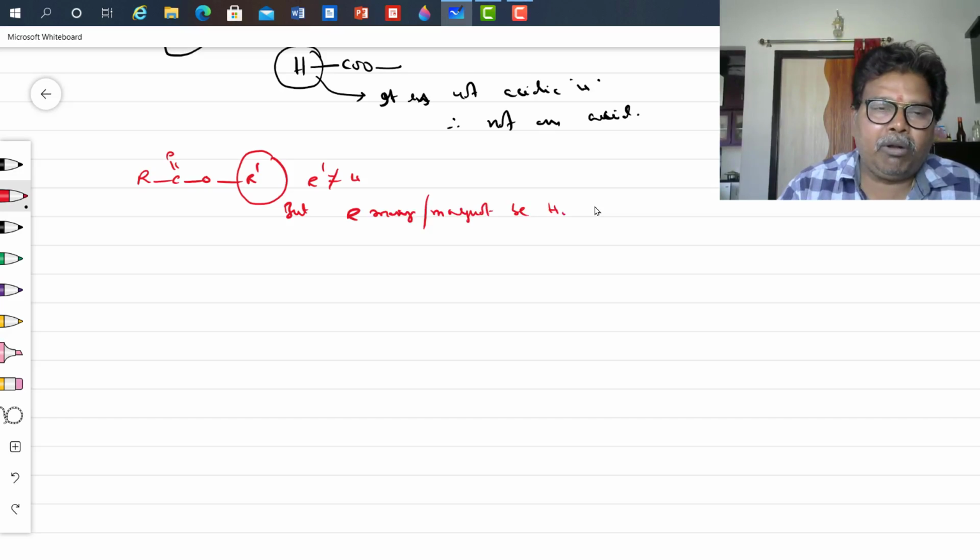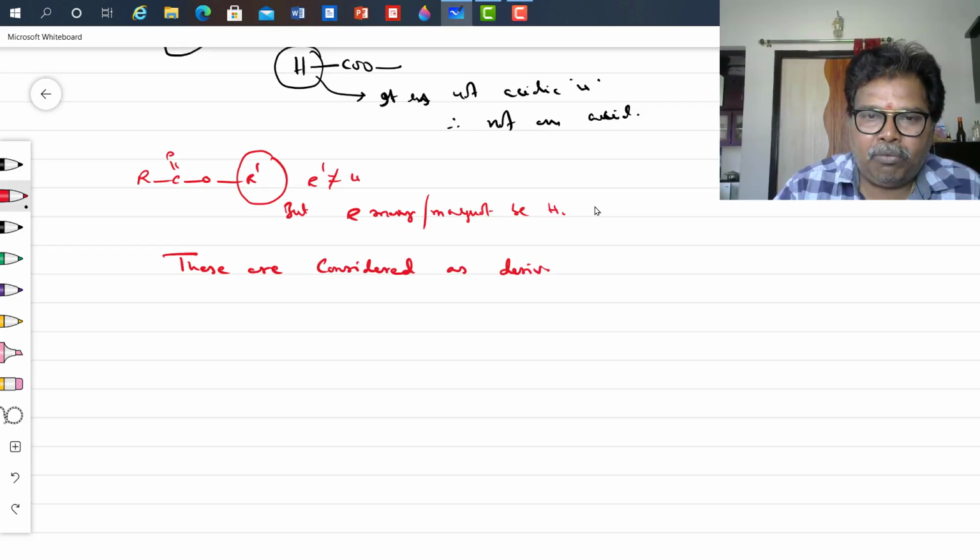Now, these are considered as derivatives of carboxylic acids. Clear?